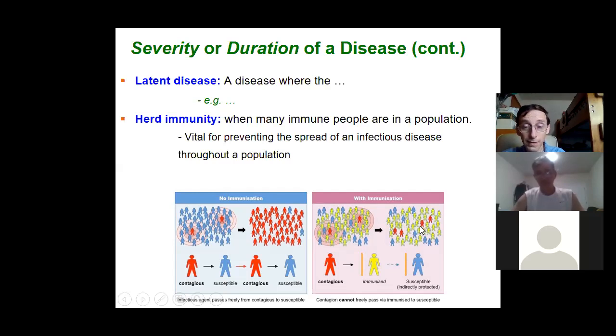Now with the measles, we need 95% of the herd immunized. Otherwise, the virus does spread. So measles is very contagious, and you need the herd immunity, meaning you need the immunized people to be very high before the disease doesn't spread.